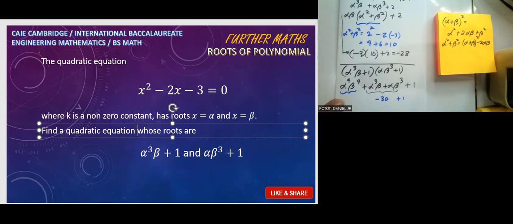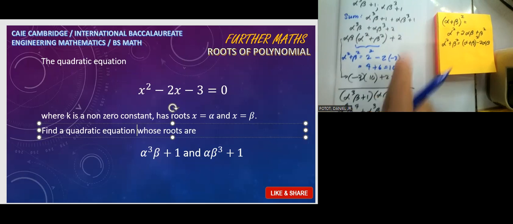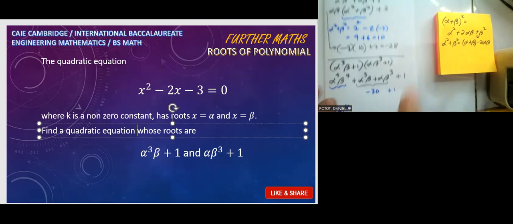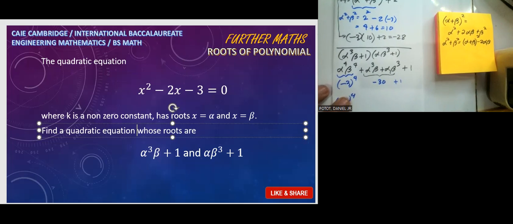You know that alpha beta to the fourth is the same as, I will just write it down here for a while, alpha beta to the fourth. But your alpha beta is negative 3, so that is negative 3 to the fourth, which is 81.